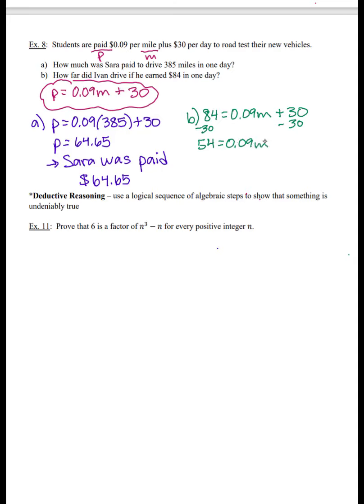So if we do 54 divided by 0.09, it's exactly 600. So then we can conclude that Ivan drove 600 miles.